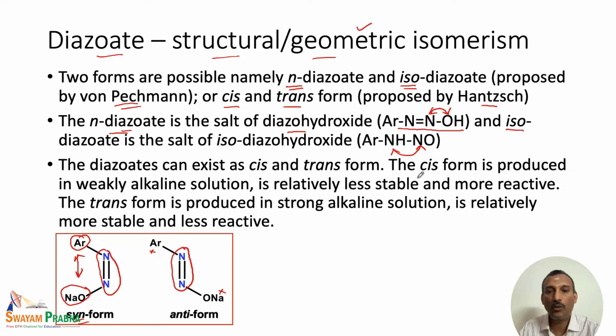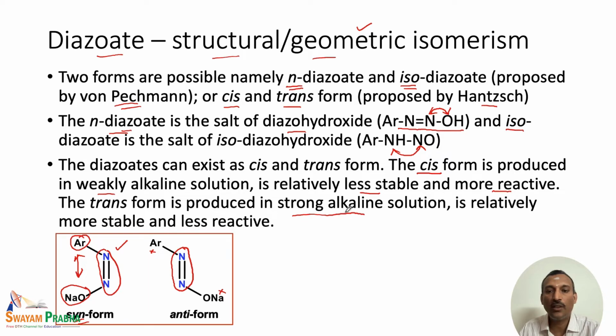He also found that the cis form is produced in a weakly alkaline solution, and it is relatively unstable, or less stable. Because it is less stable, it is more reactive. So the cis form reacts much faster because it is less stable, and the trans form is produced in a strongly alkaline medium.